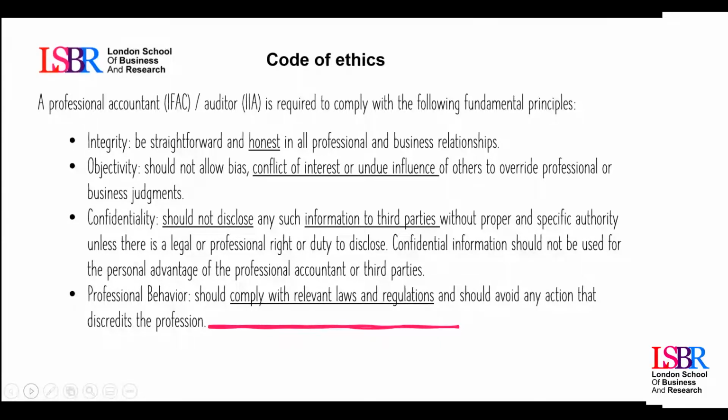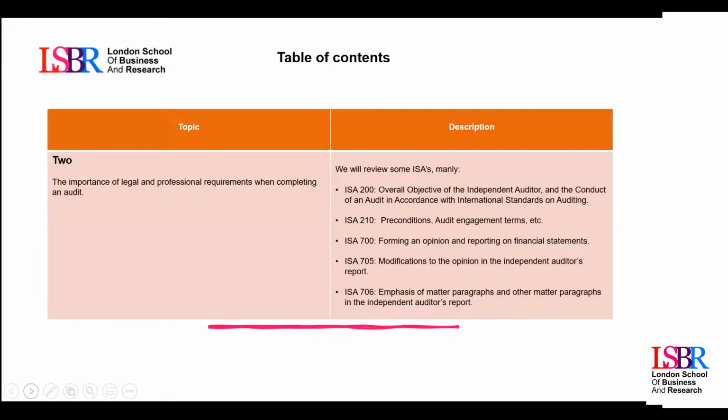And professional behavior, that complies with relevant laws and regulations, and we need to be very careful with our behavior, because we need to create a good reputation of the accountant and of the auditor.